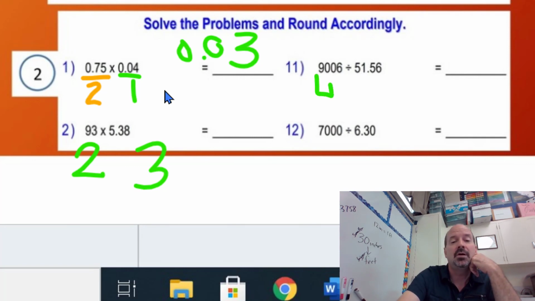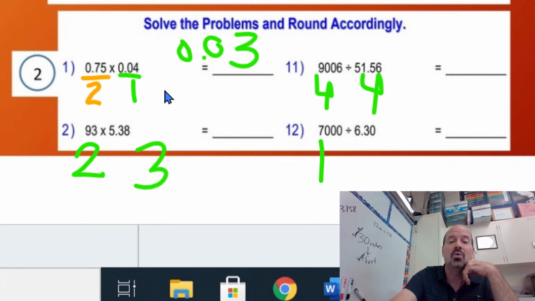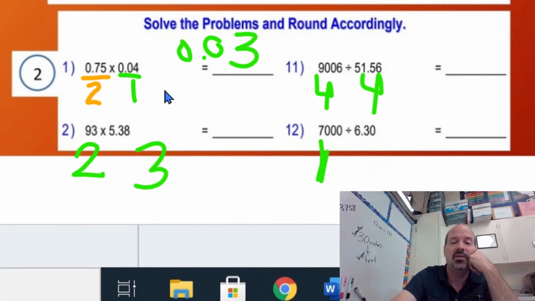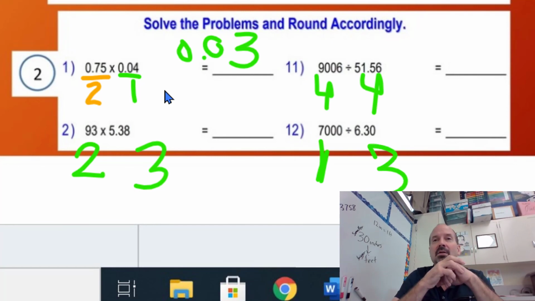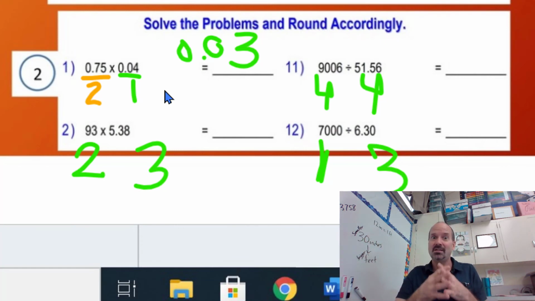This one has 4 here and 4 here. What do we round to? 4 significant digits. This one only has 1 significant digit there and 3 over here, so we're going to round until it only has 1 significant digit. And that's the key idea: round to the correct number of significant digits so that your answer doesn't have more significant digits than the problem had. It's not more precise than the problem.